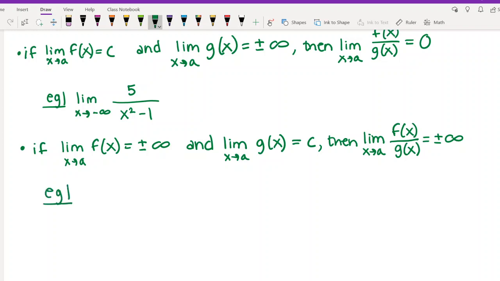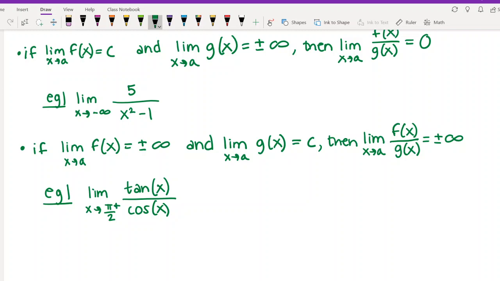So an example of that would be if you're taking the limit as x approaches pi over 2 of tangent of x over cosine of x. And I think I should say here, let's say from the right. So the limit as x approaches pi over 2 from the right of tangent would actually, I think, be negative infinity.